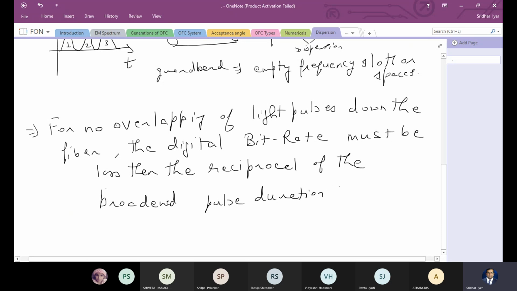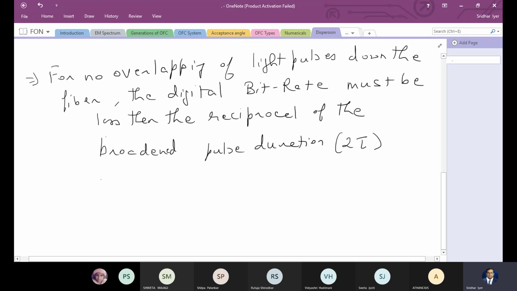Okay, so I'm going to call the pulse duration 2 tau. Therefore the digital bit rate, and I'm calling it digital bit rate because the optical system is a digital communication system, which I'm calling B subscript T, as the definition says, must be less than or equal to the reciprocal of the broadened pulse.